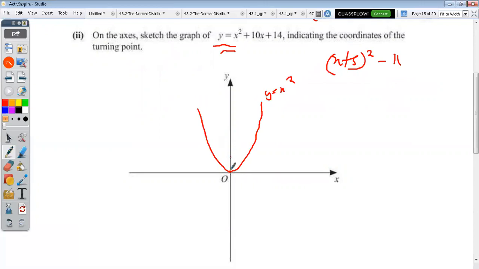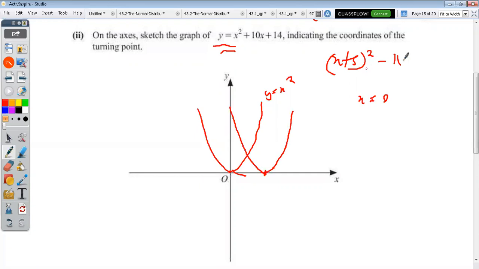So if x is equal to 0, x is no longer 0, because now I'm saying 0 plus 5. I hope it's making sense. So when x is equal to 0, it's actually coming here. This whole graph is being shifted, moved to this. So your turning point here is like this. That's the first thing that happens.